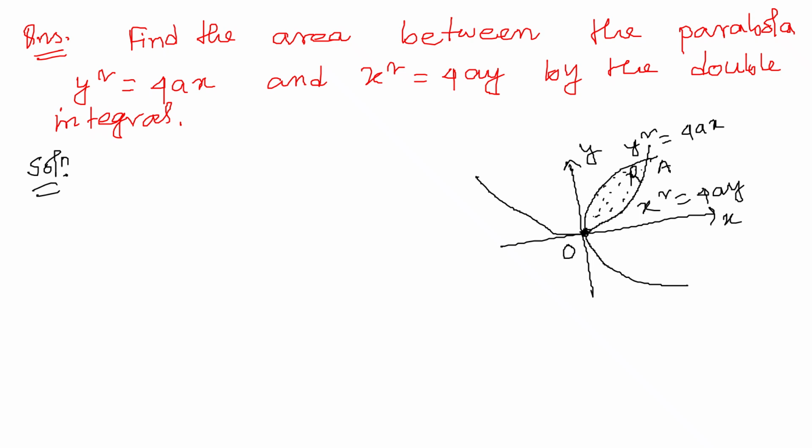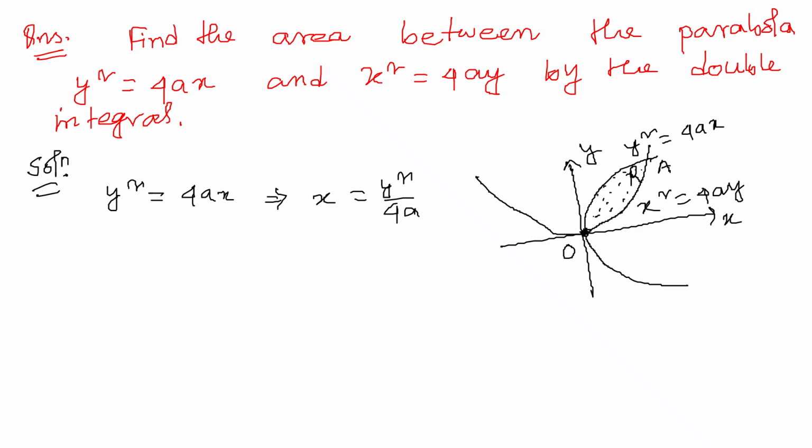So we have two curves, y square is equal to 4ax and x square is equal to 4ay, and we find where the two curves intersect. One curve is y square is equal to 4ax, so from here x is equal to y square by 4a.